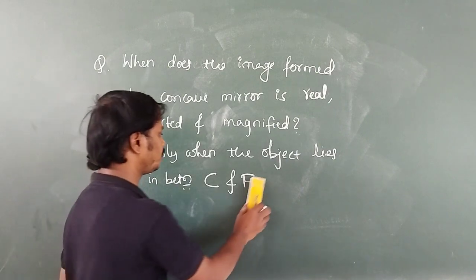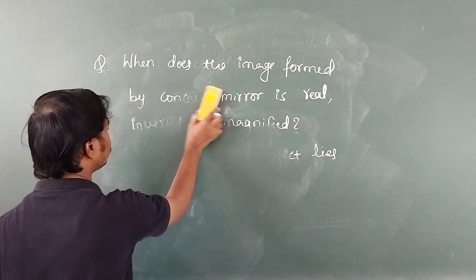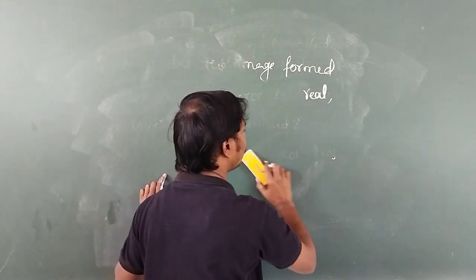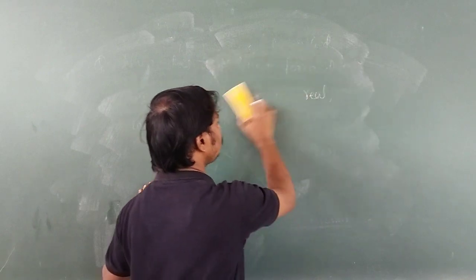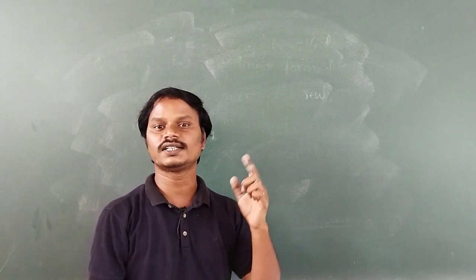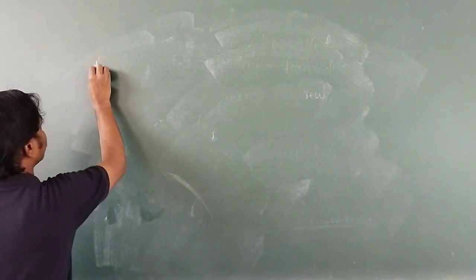Okay, next. So this is all about the questions related to the formation of image by a concave mirror. And let us move to the convex mirror. Always, the magnification produced by a convex mirror is greater than 0 and less than 1. So remember this point.